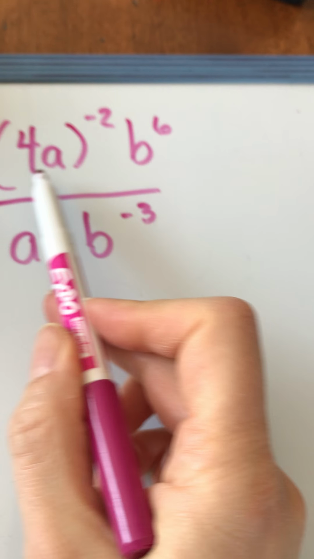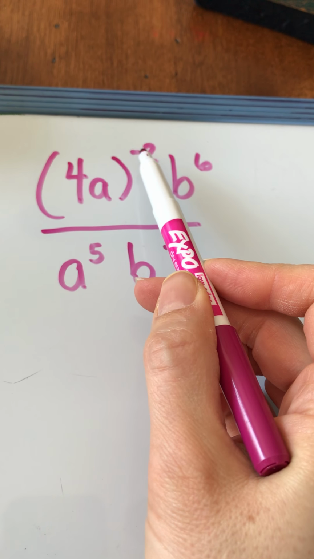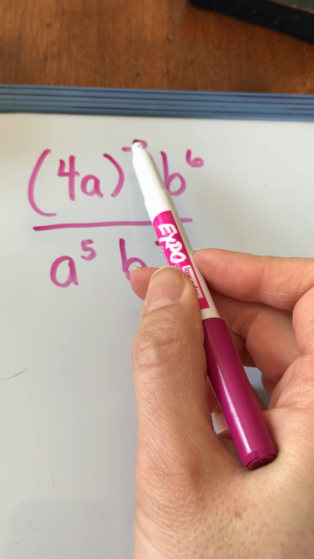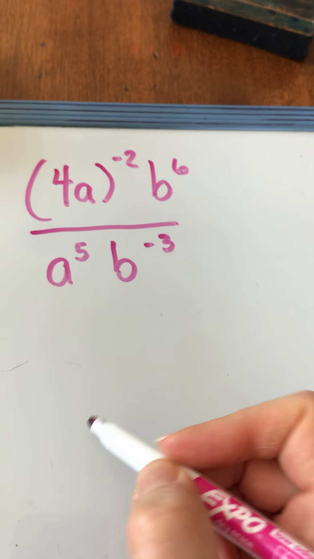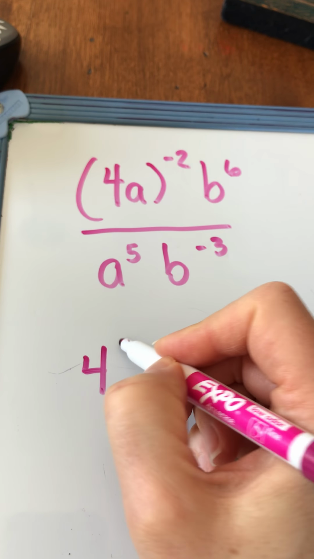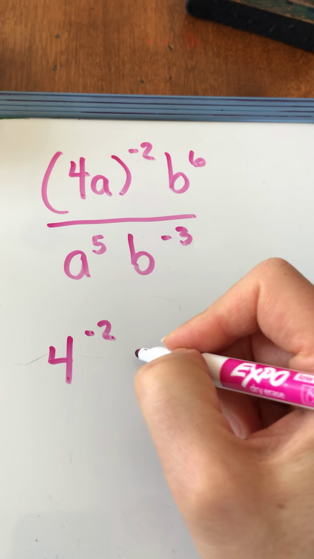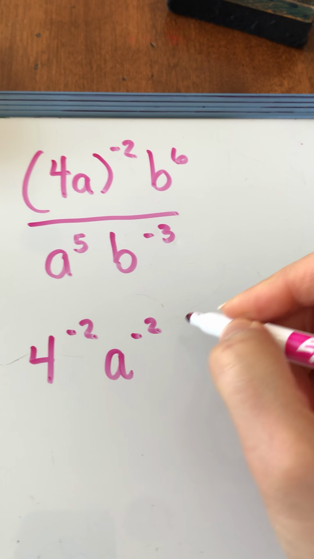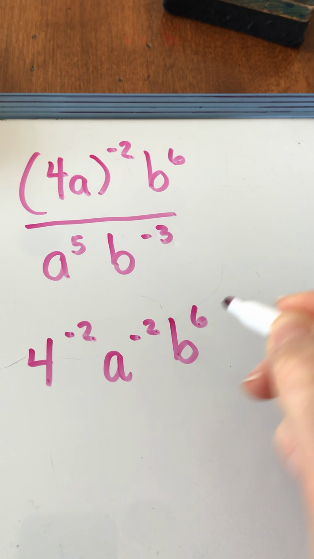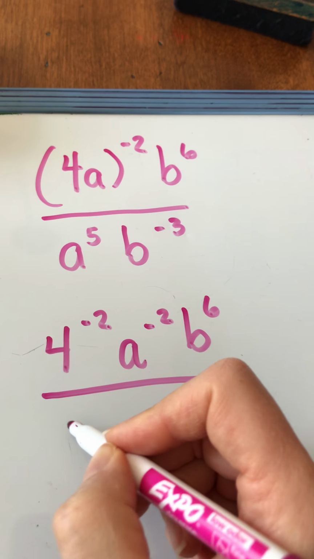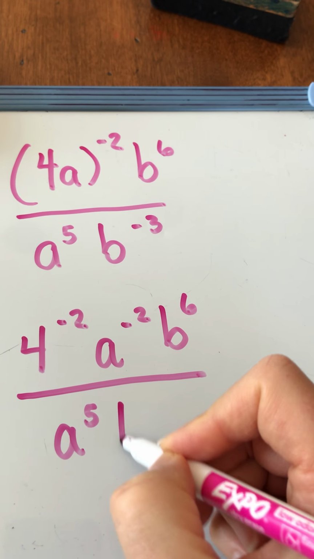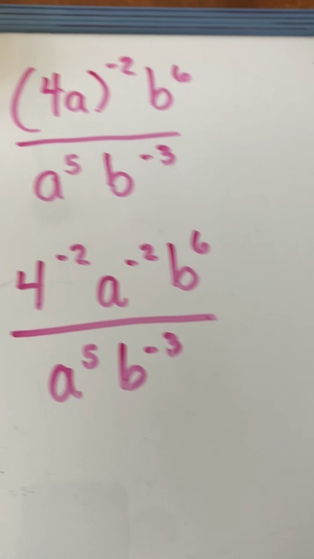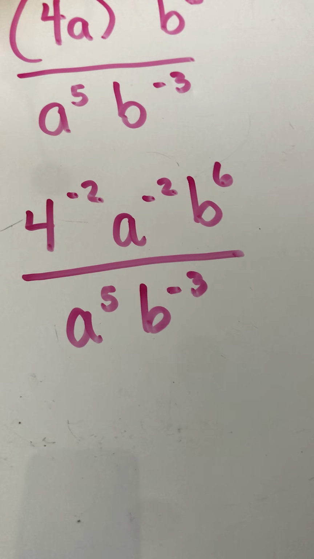Well, we have parentheses raised to that negative exponent, but we know we have to distribute it to everything in the parentheses. So we're going to have 4 gets the negative 2, and a gets the negative 2. B to the 6, all over, nothing to distribute in the denominator. So now I got rid of the parentheses.